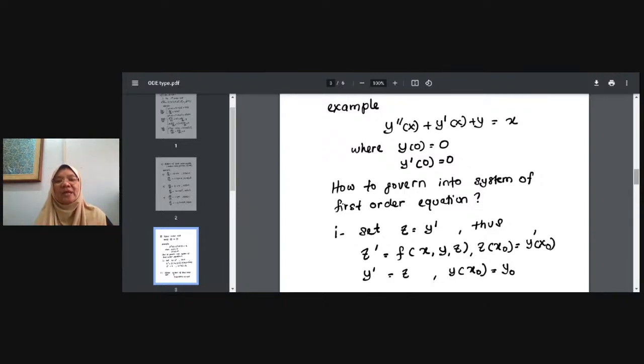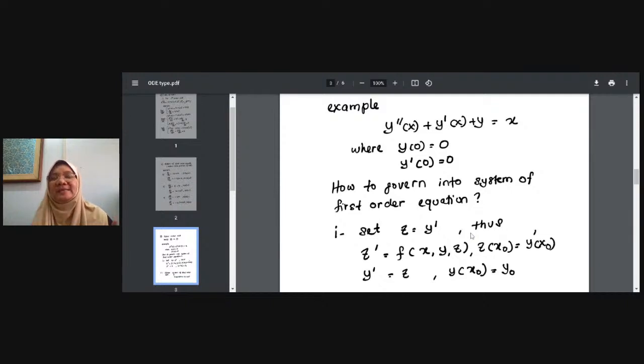Since we have a second order derivative here, y prime prime, we downgrade it to the first order derivative. Look at the Euler method. In the Euler method, we are using the first order derivative. So now, how do you convert?